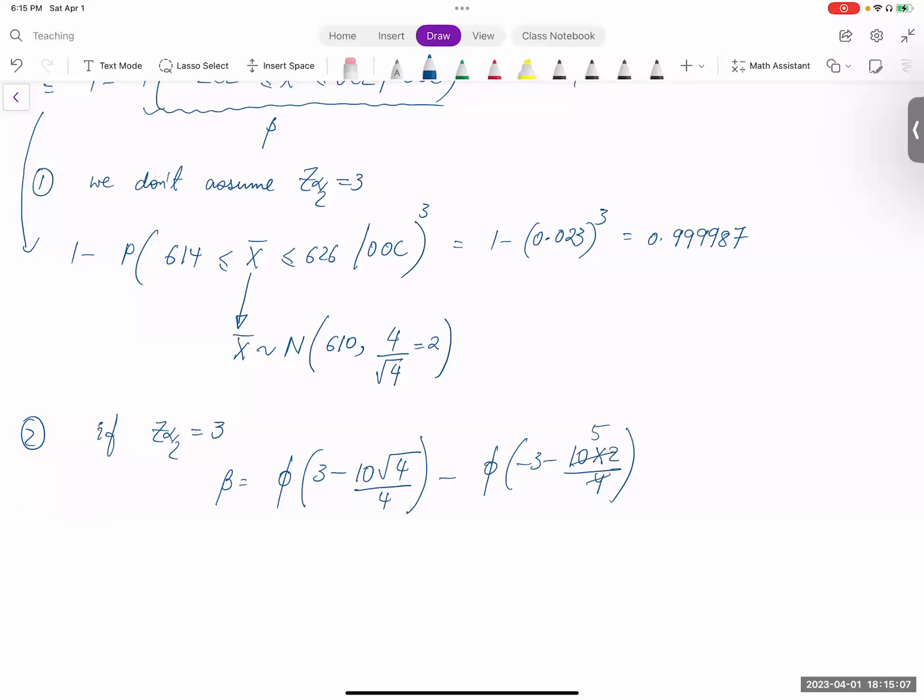So this is 5. Now let me see if I can get this on a calculator and quickly compute this value.